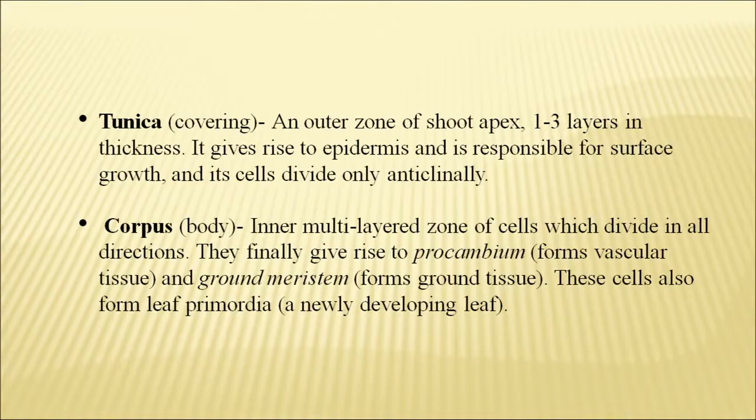And the ground meristem, which forms the ground tissue, which is the main girth of the stem, and these cells also form the leaf primordia. Leaf primordia means a newly developing leaf. I have already shown you in that example. See it one more time.